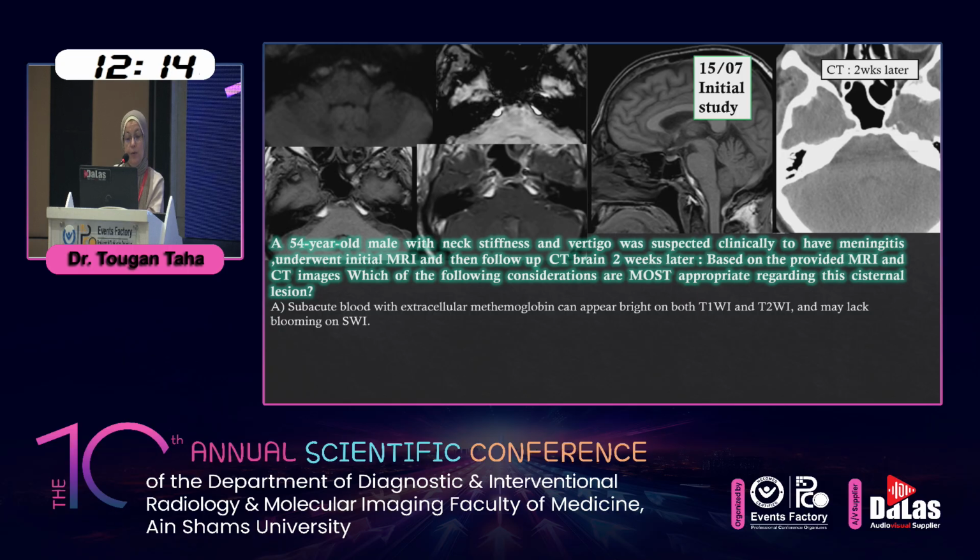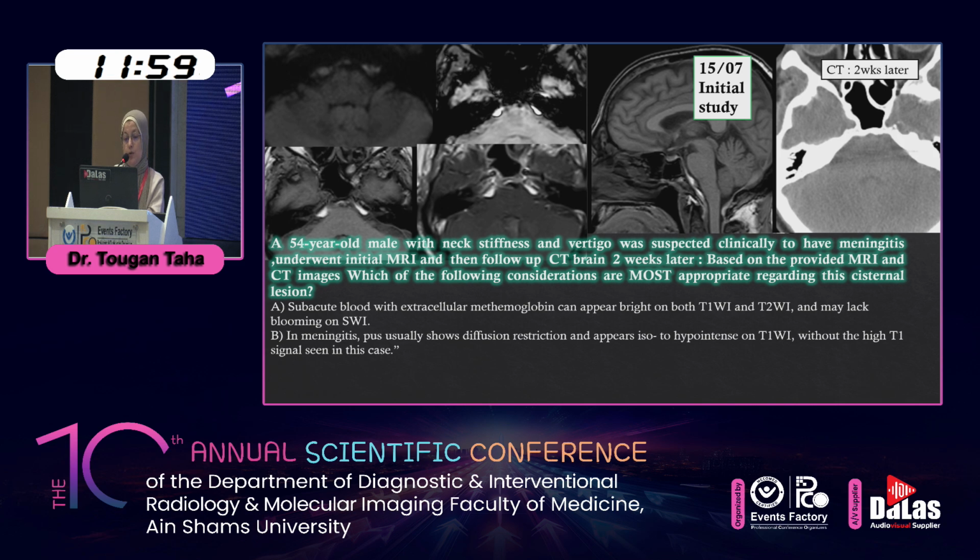This is subacute blood with extracellular methemoglobin that can appear bright on T1, T2, and may lack blooming on SWI. In meningitis, pus usually shows diffusion restriction, appears iso or hypointense on T1 without the high T1 signal seen in this case.